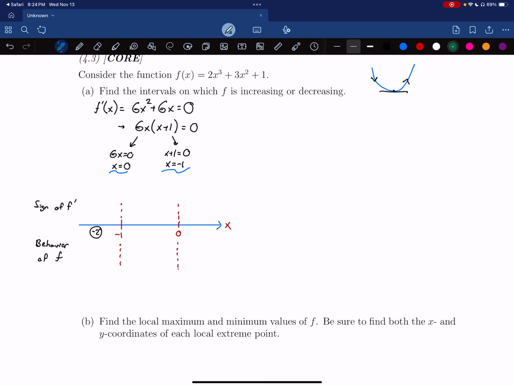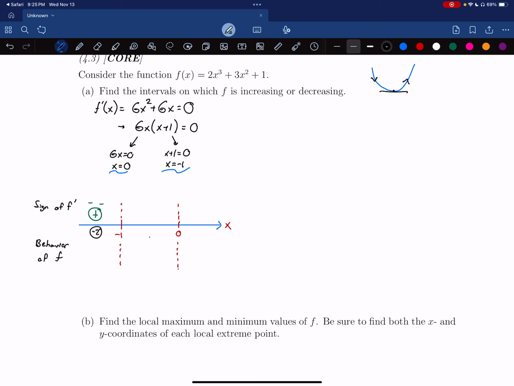So when I plug in negative 2 for 6x, I get a negative. When I plug in negative 2 for the factor of x plus 1, I get negative 1, a negative number. That's also a negative. And a negative times a negative is a positive.